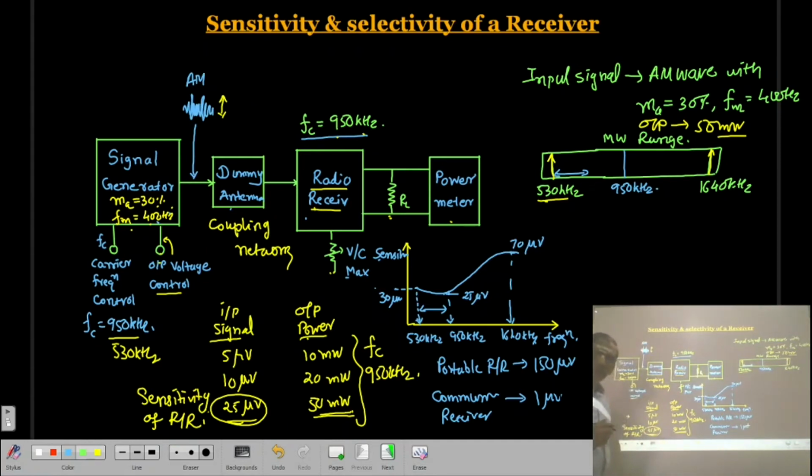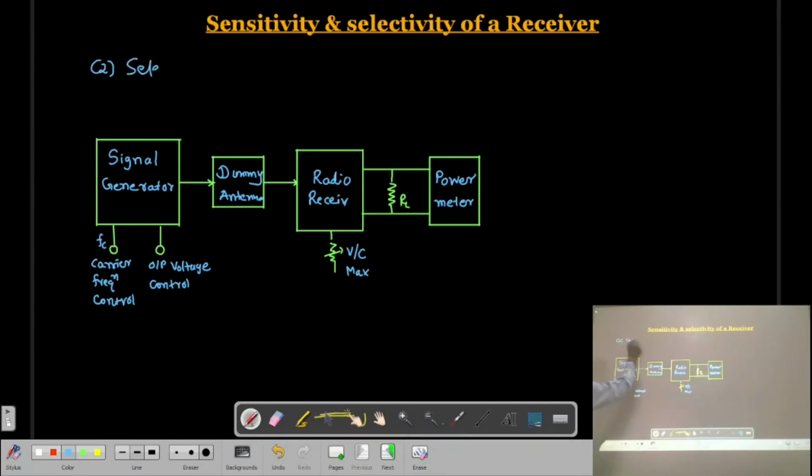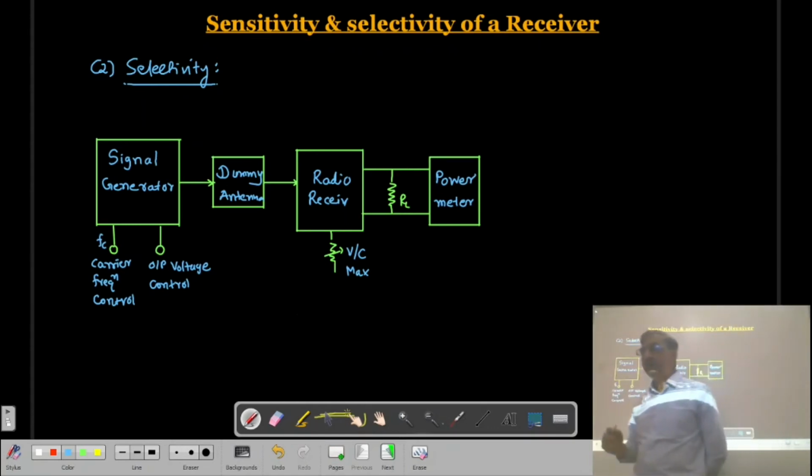Now let us see another characteristic of a radio receiver, that is selectivity. Now we know that the radio is receiving different signals.